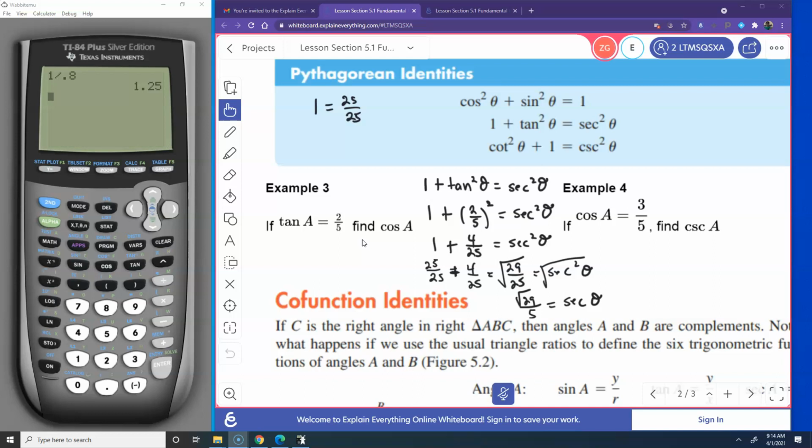And I'm running out of room, so I'm going to go ahead and do it on this side. We know that cosine of A equals 1 over secant A. So we have cosine of A is going to be the reciprocal of this, which is going to be 5 over the square root of 29, which should be 5 square root of 29 over 29. So that is your answer.